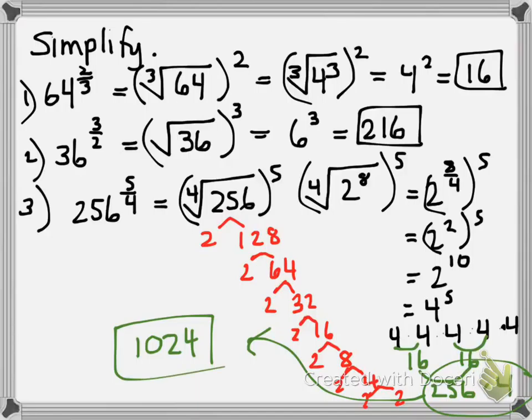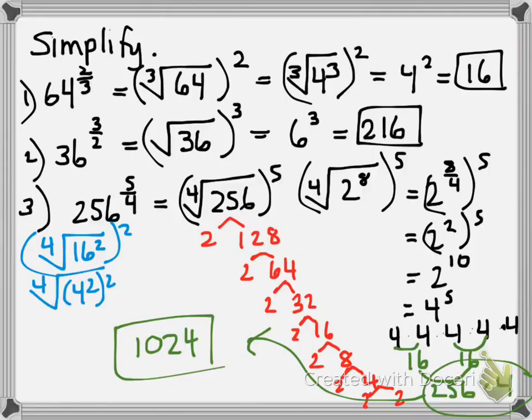So again, the faster way of having done this problem would have been to recognize that 256 is 16 squared, and knowing that 16 is 4 squared, and then you would have squared. Ooh, that's not supposed to be a 2. That's supposed to be a 5. Sorry.